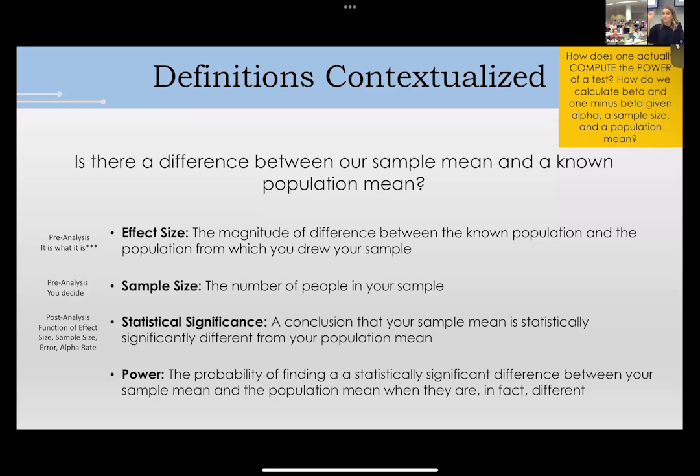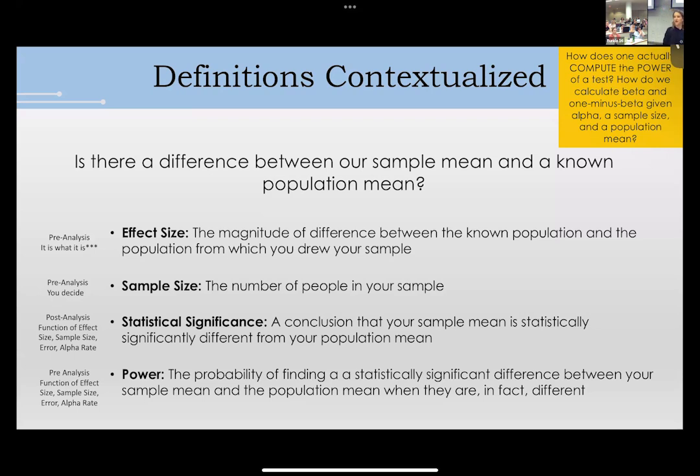So probability automatically implies something in the future, right? So the idea is we're designing a study and we want to find an effect, assuming there is one, right? So we want the probability of finding it before we run it to be high. That's why it's before, right? This is the thing people mix up all the time. Power is pre-analysis, right?